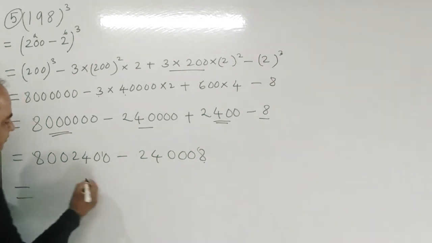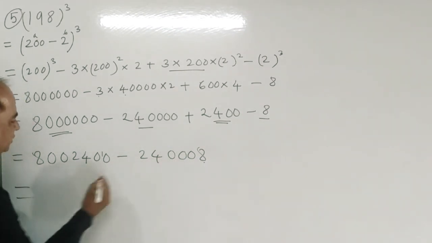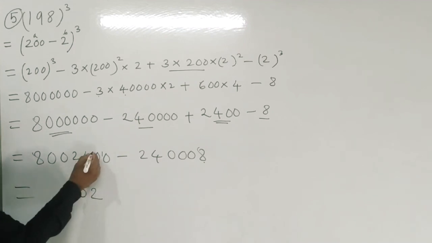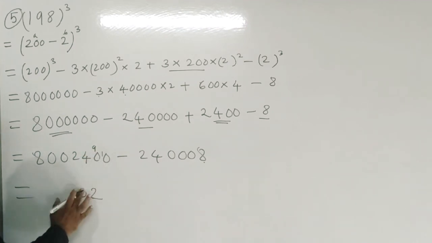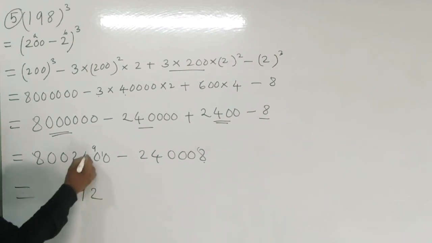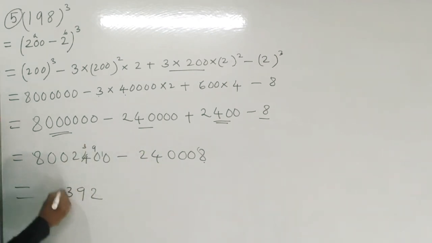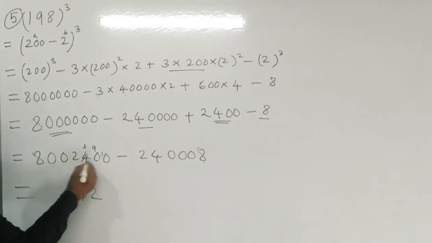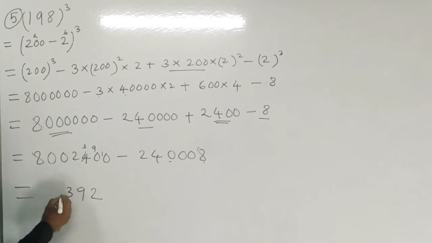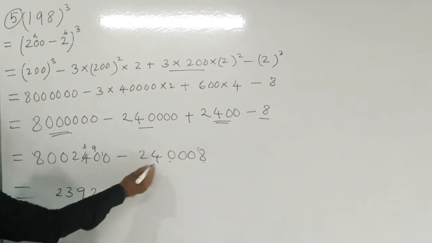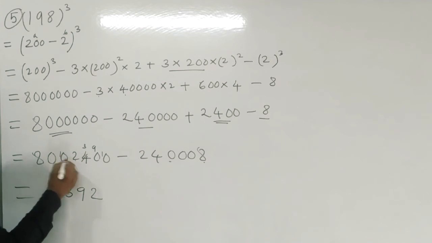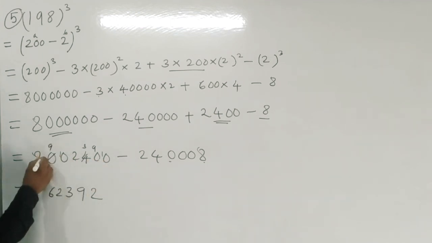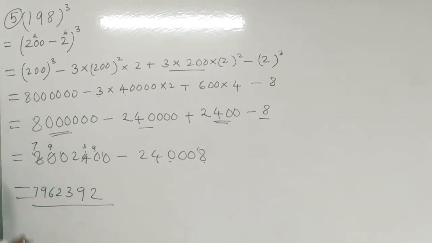So 10 minus 8 is 2, 0 minus 0 is 0, 9 will be coming here, 9 minus 0 is 9, here 3, 3 minus 0 is 3, then 2 minus 0 is 2, then 10 minus 4 is 6, here 9, 7 minus 7, and the answer is 7,762,392.